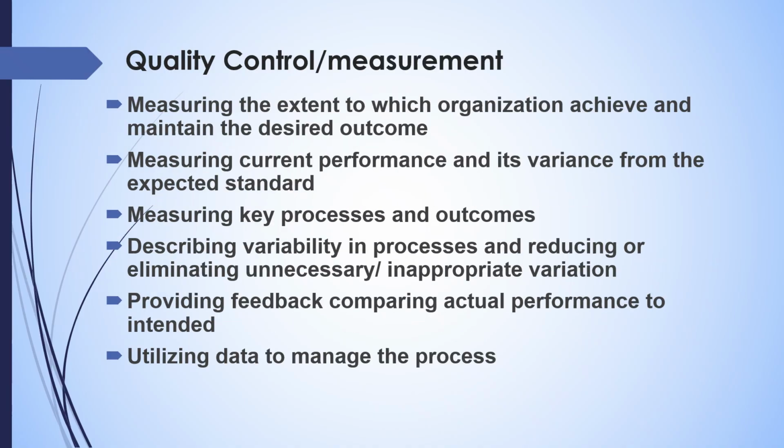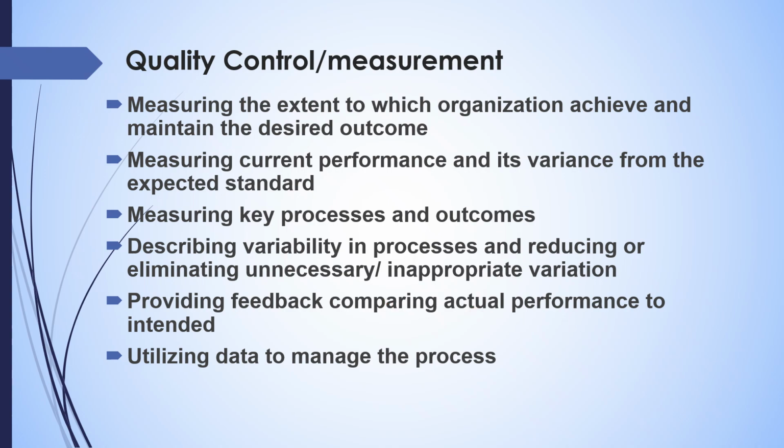And then let's go to quality control or quality measurement. So measuring the extent to which organization achieve and maintain the desired outcome. Measuring the current performance and its variance from the expected standard. So based on the expected standard, what is the variation, and measuring key processes and outcomes, describing variability in process and reducing or eliminating unnecessary or inappropriate variation, and providing feedback, comparing actual performance to intended.